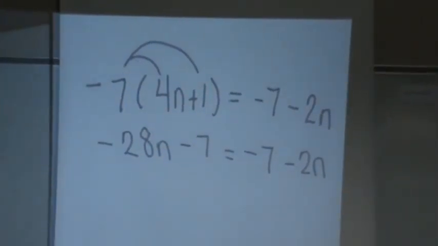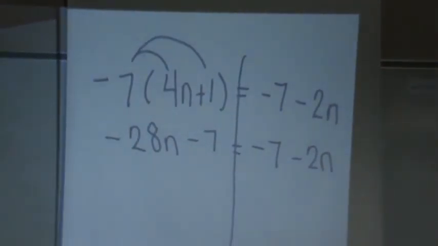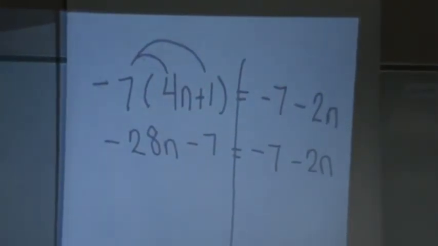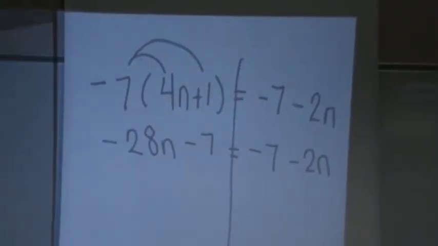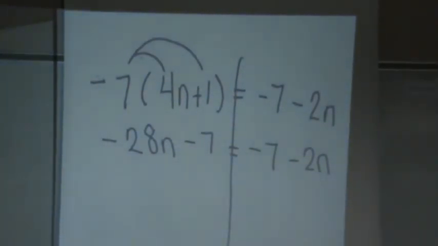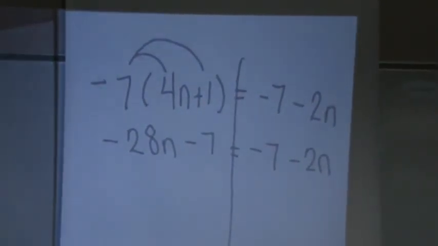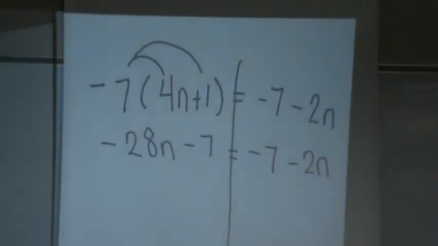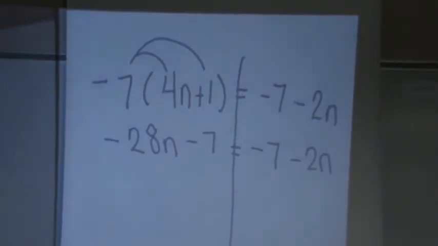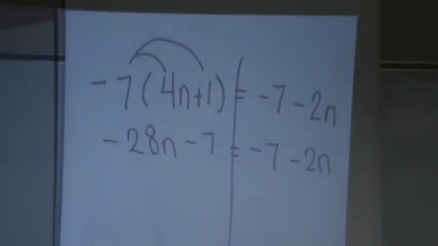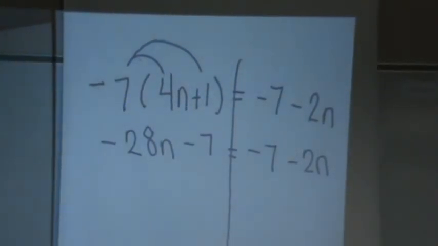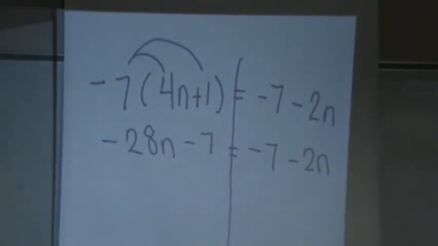Who knows what to do on the next step? David, are we going to do step 2? We are? Oh, no. What step are we going to do? 3. So what are you going to do? Get all of them. Okay, so what am I going to do to the negative 2n? Good.